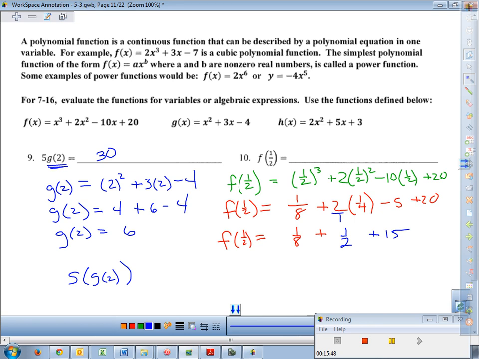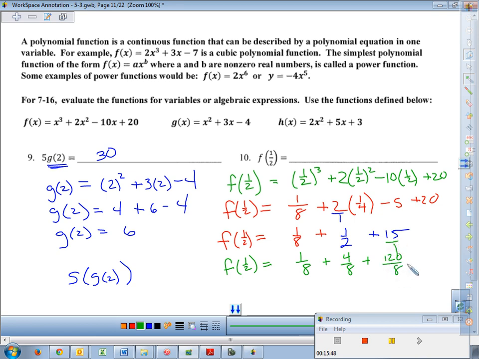Add them up. I need a common denominator. What would you want for a common denominator? 8. I would like 8 also. That's 1/8 already. Can you turn this into eighths for me very easily? What would you get? 1/2 is really 4/8. And then turning that into eighths, I need to take 15 times 8. 120 over 8.